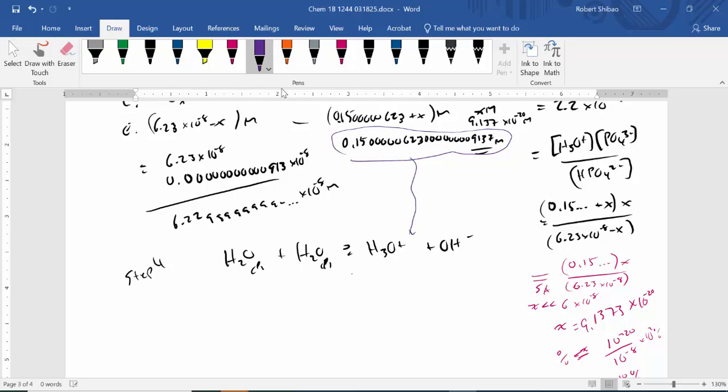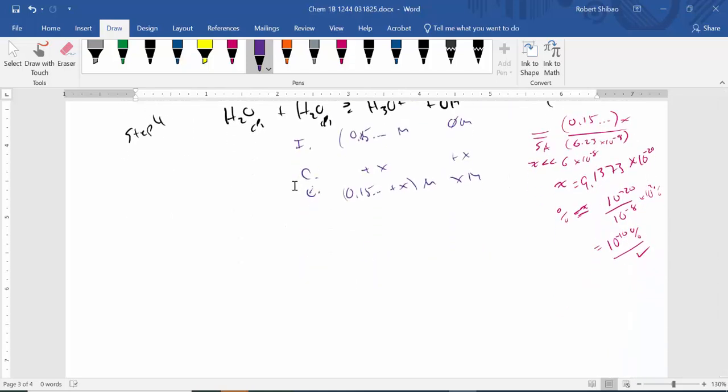And so this is going to be 0.15... molar. And this is going to be 0 molar here. That's my initial. The water is a pure liquid. So this is going to be plus X from water. And so I'm going to get 0.15... plus X molar and X molar here.